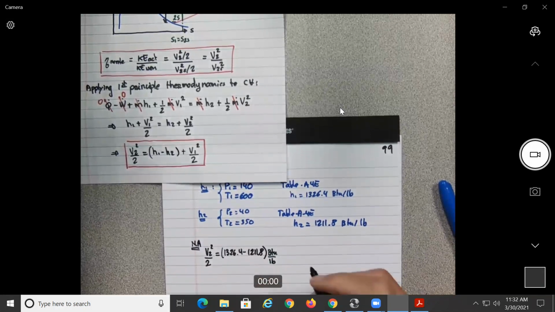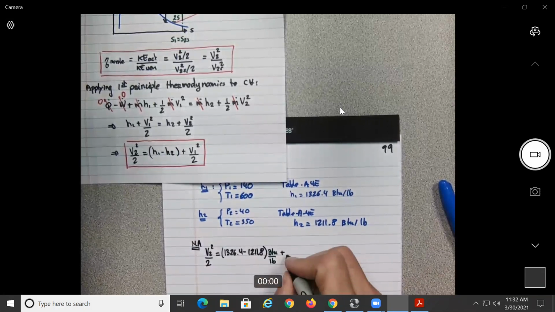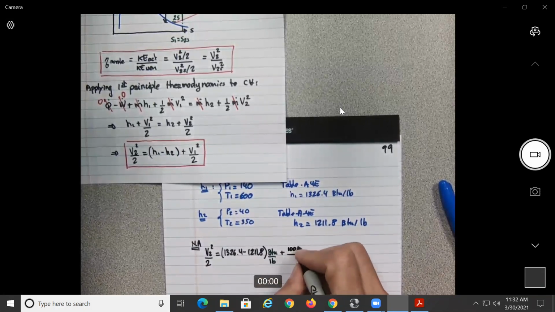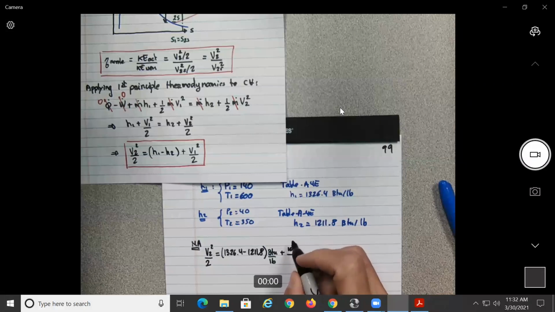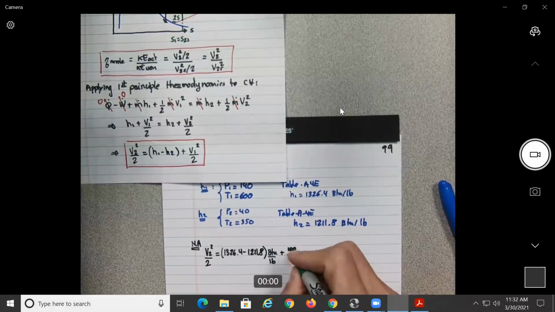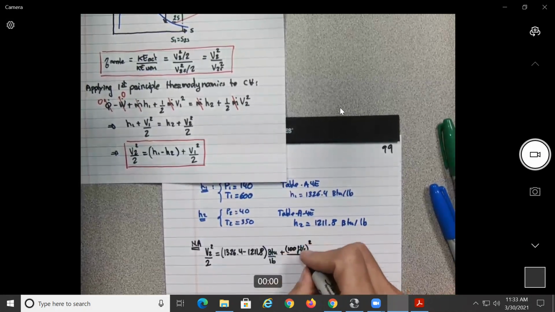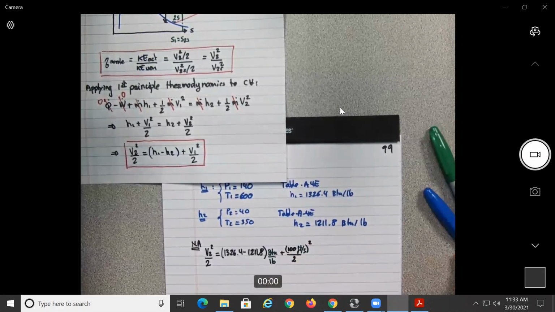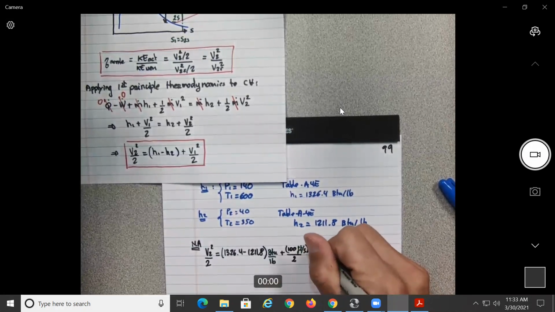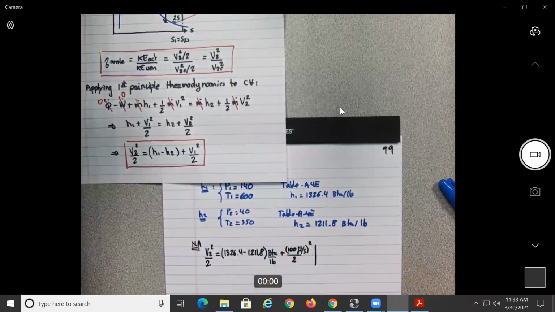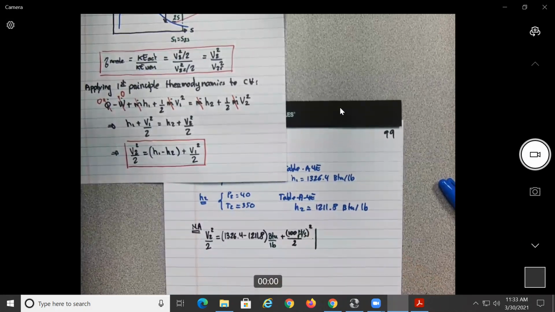BTU per pound, so be careful now, plus, what is V1? 100 feet per second squared, divided by 2. Okay, so obviously we have a problem of units, no? Okay, so how to do this? We need to have BTUs, so the first thing will be to put BTUs over here, okay?